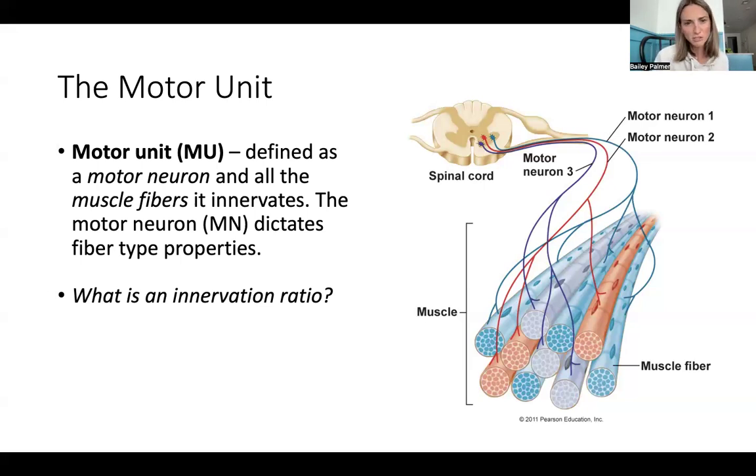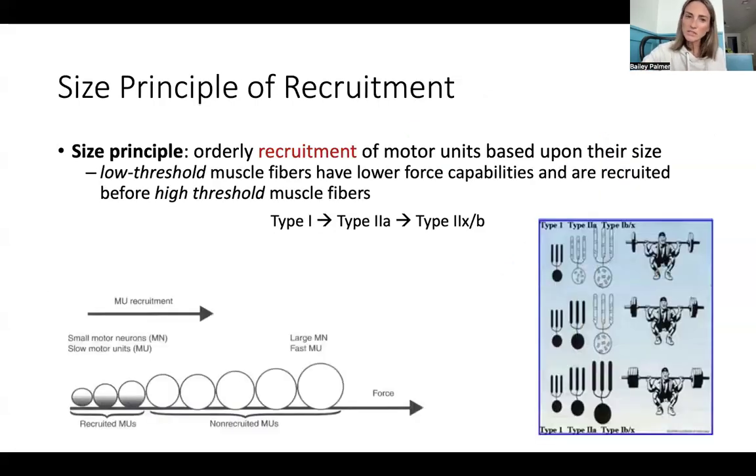So that's our innervation ratio. It just talks about that one motor neuron to how many muscle fibers and how we find them. There are different innervation ratios throughout the body, but on average, it's one motor neuron to about 100 muscle fibers. Let's talk about the size principle.